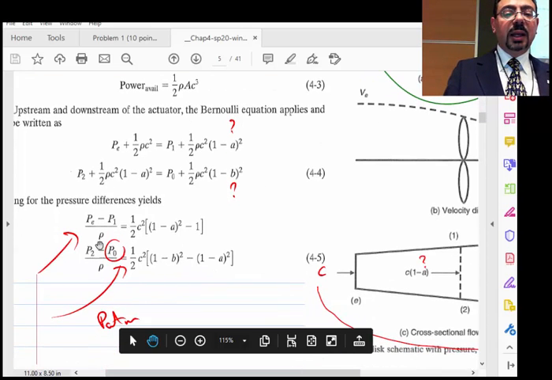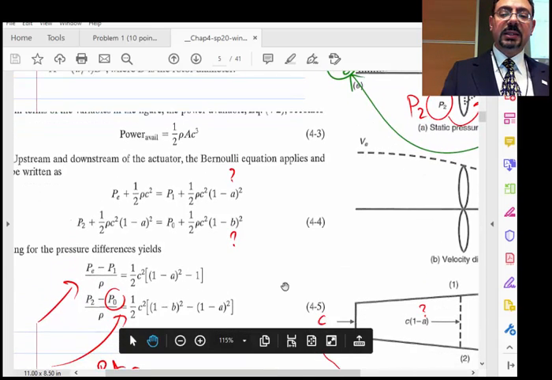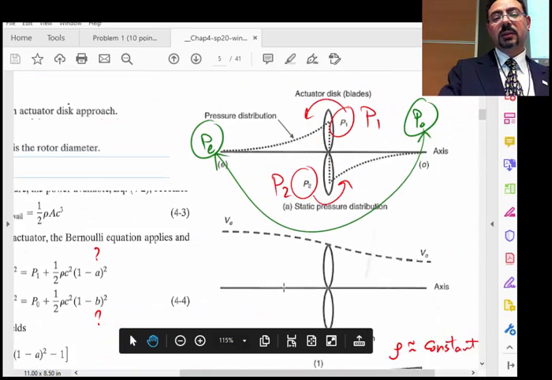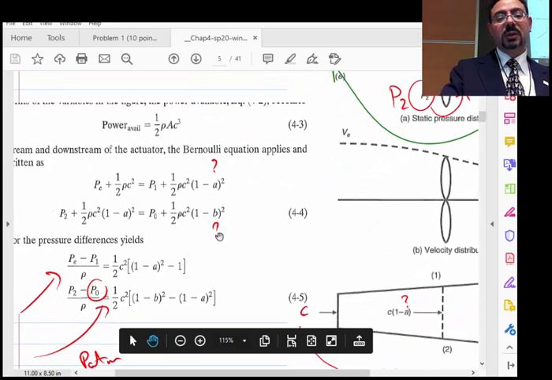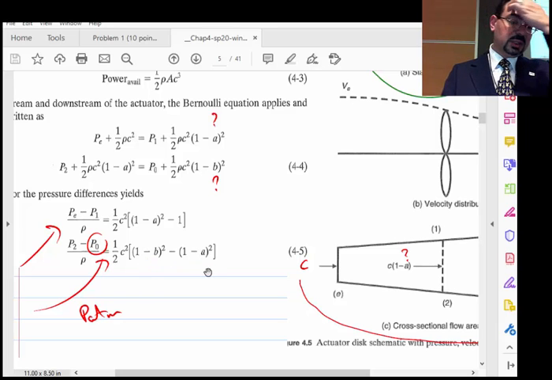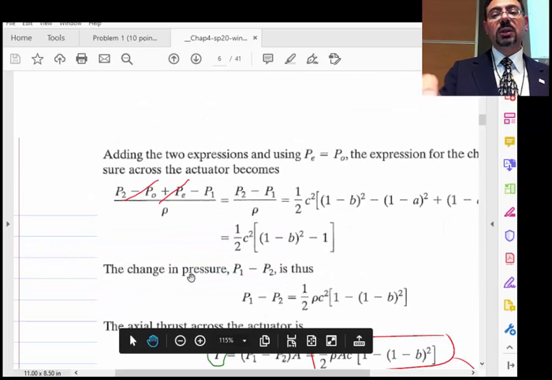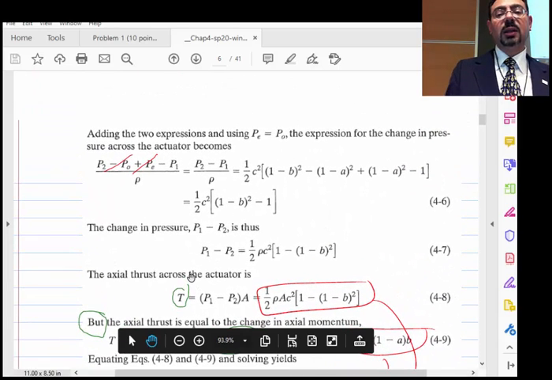So he's applying the momentum equation between this and this, and he's also doing it from 2 to the output. Okay, and you can see here is the velocity at the exit, 1 minus B, and the velocity at the entrance, 1 minus A. Okay, so now we have continuity, momentum and energy equations.